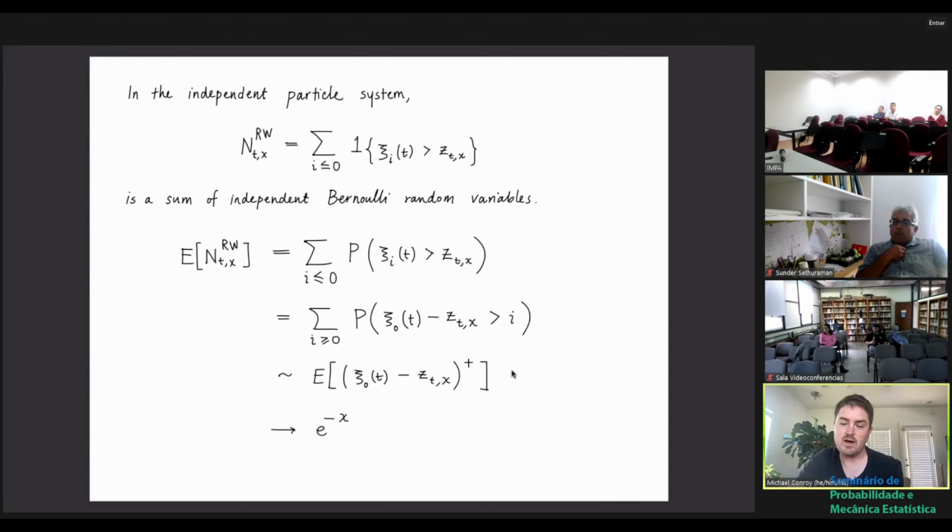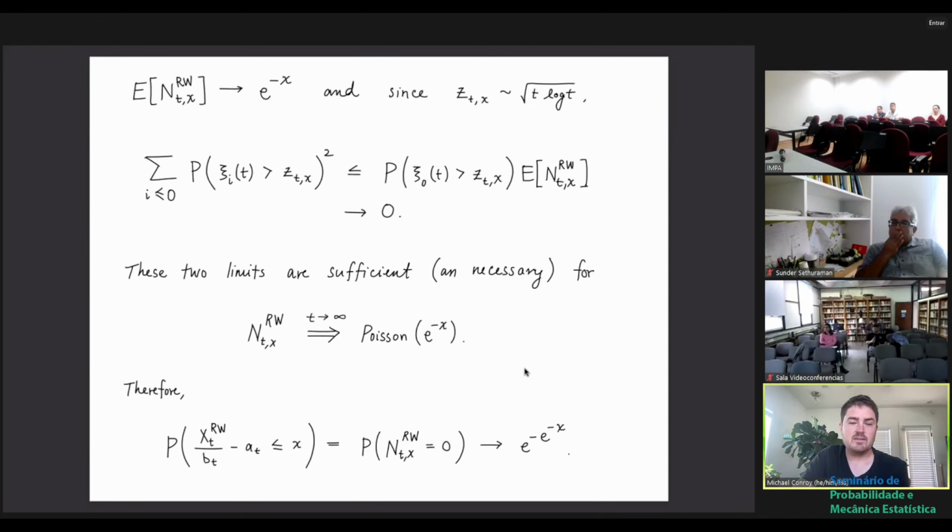So if we divide by square root of t, we have something that tends towards a normal random variable minus the square root of log t, with the square root of t out front. And by considering normal asymptotics, we can compute the limit. In terms of x, it's e to the negative x. So we have that the mean converges to e to the minus x.